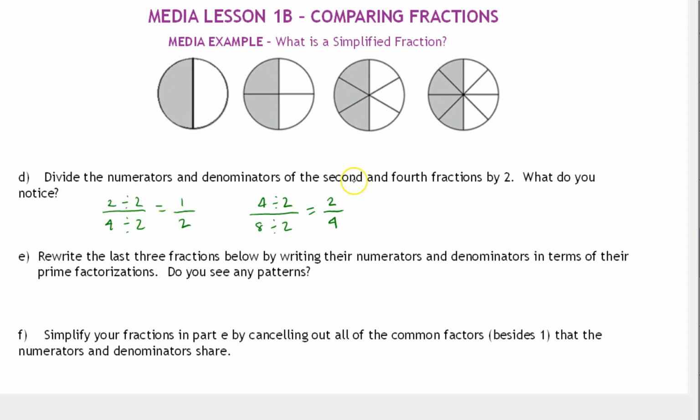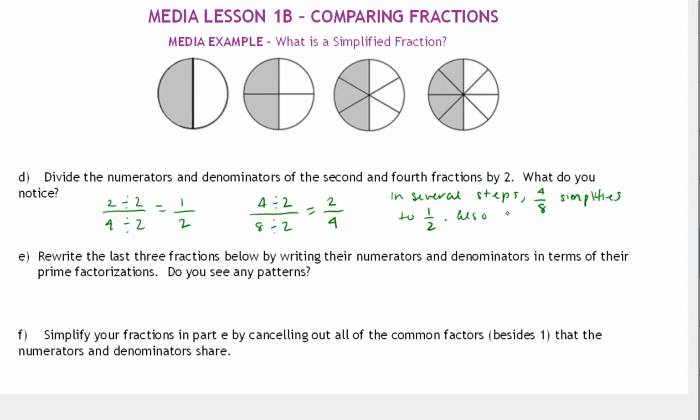And 4/8, when we divide it by 2, simplified to 2/4. But we also know 2/4 can simplify to 1/2. So what I'm seeing here is that in several steps, 4/8 simplifies to 1/2.